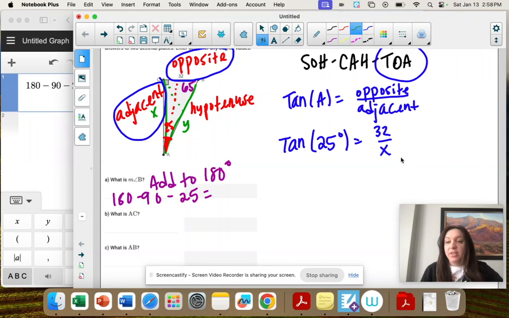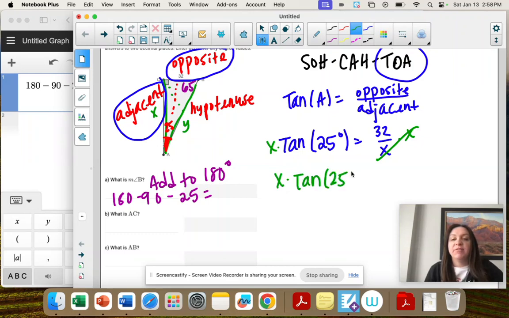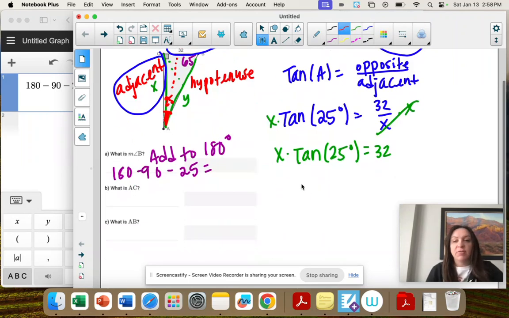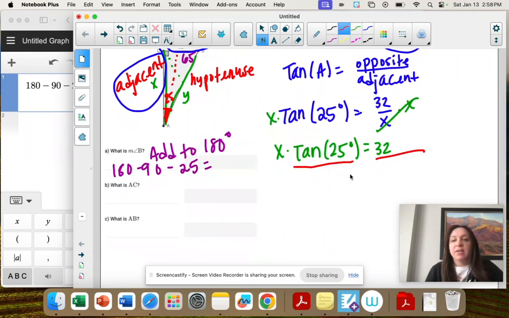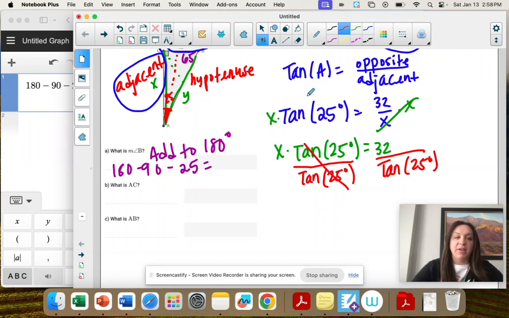So when X is on the denominator, remember it takes 2 steps to solve. First, we have to get rid of the fraction. So times both sides by X. So we have X times tangent of 25 degrees equals 32. And then to get X by itself, we divide both sides by tangent of 25. So we have 32 divided by tangent of 25, and that's going to give us our value.